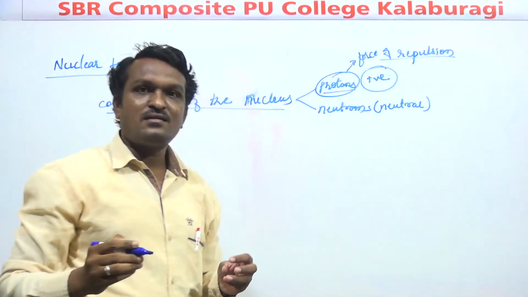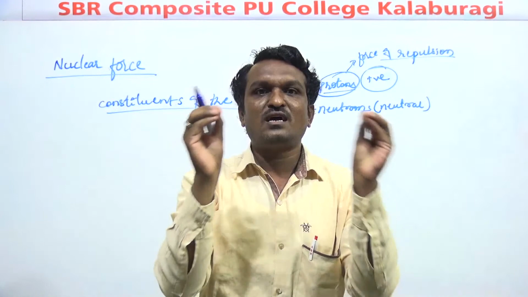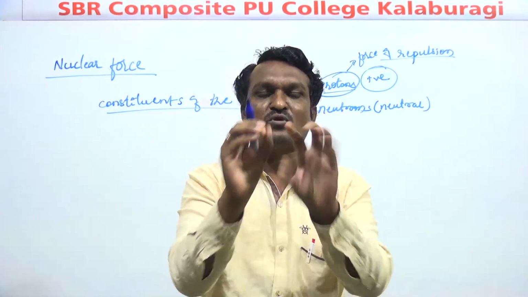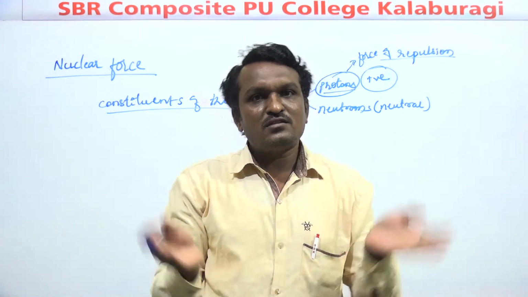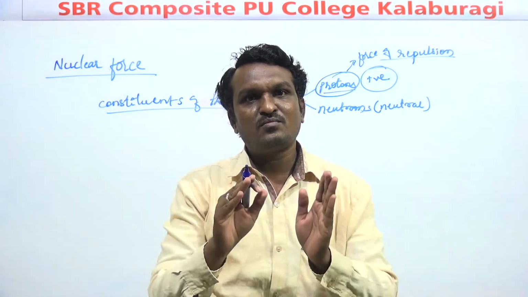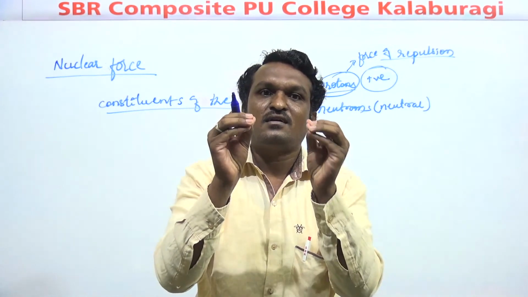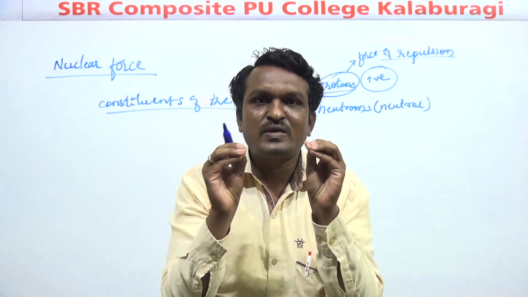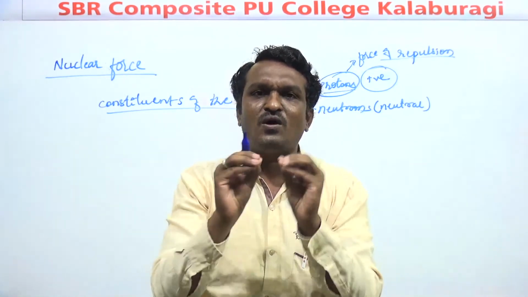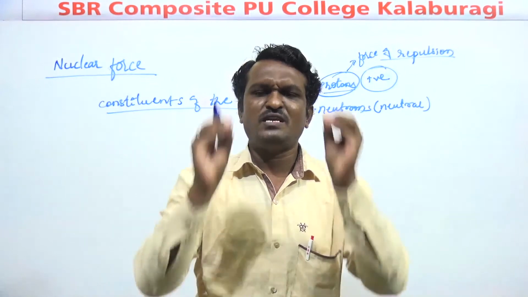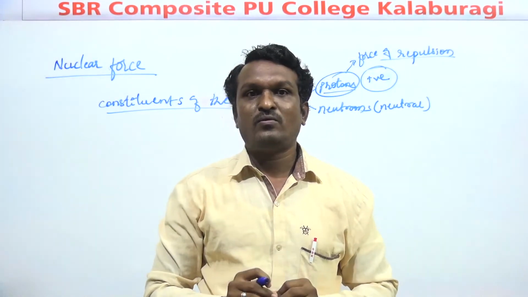We can observe the force of repulsion between the like charges, that is, the protons inside the nucleus. There is a force of repulsion between the protons, but even though they are existing together in a very small region, a very small space. How?